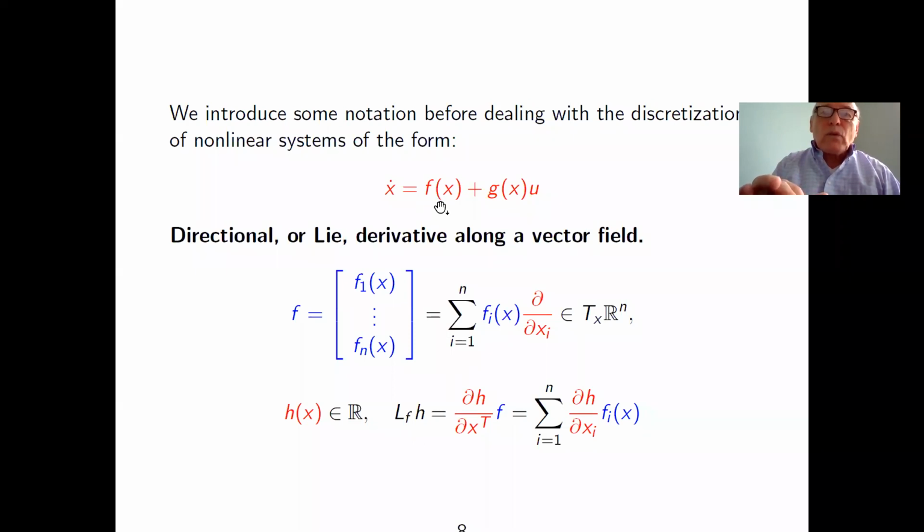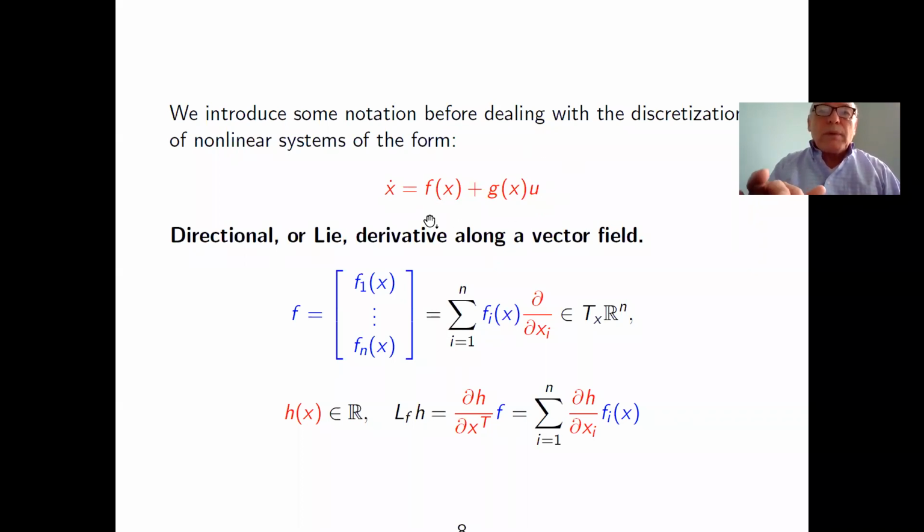And this direction, of course, is a function of x itself, so it will be changing as we move on. And g is another vector field that's modulated by the control input and allows you to change the direction in the right-hand side at each point. And in this manner, x will evolve in a controlled manner.